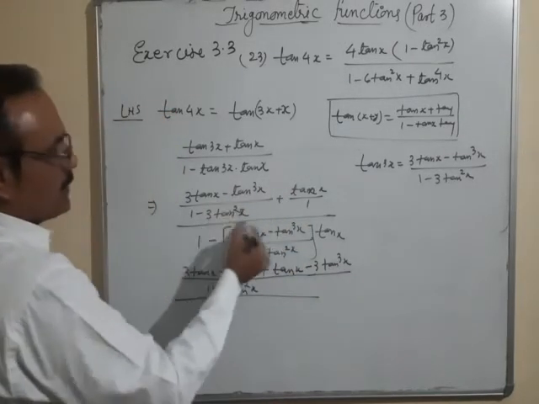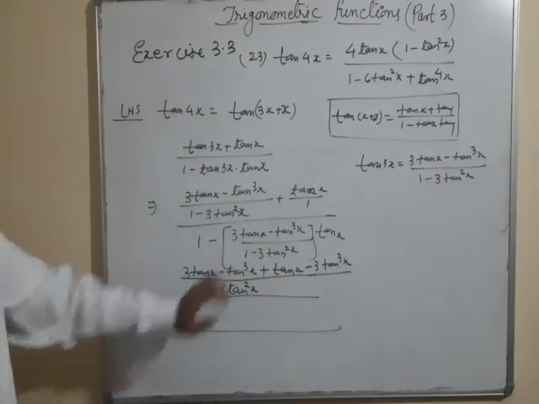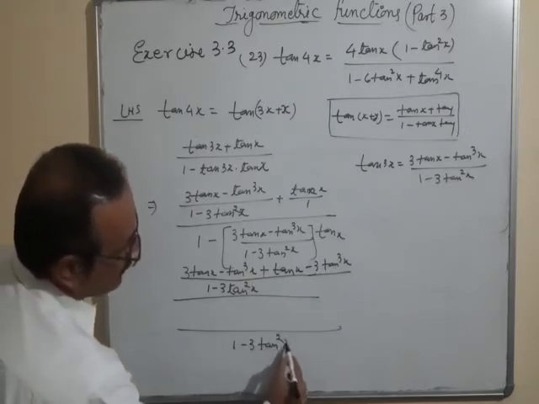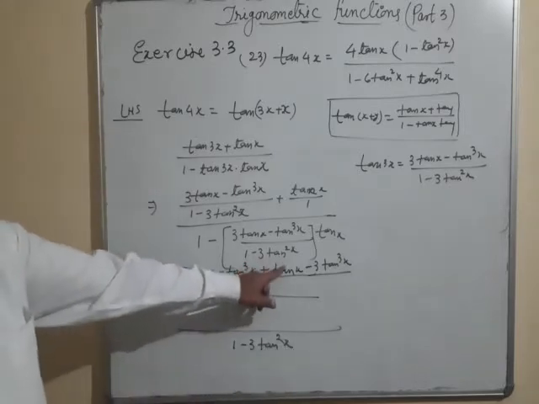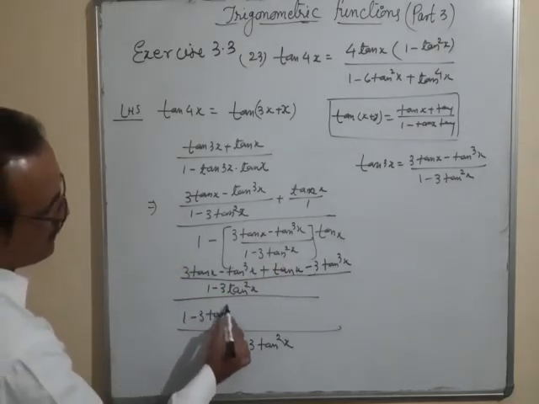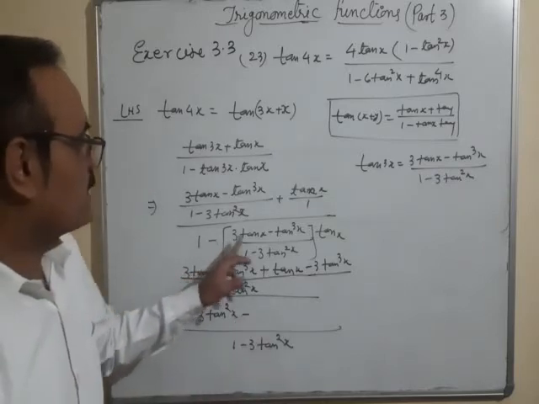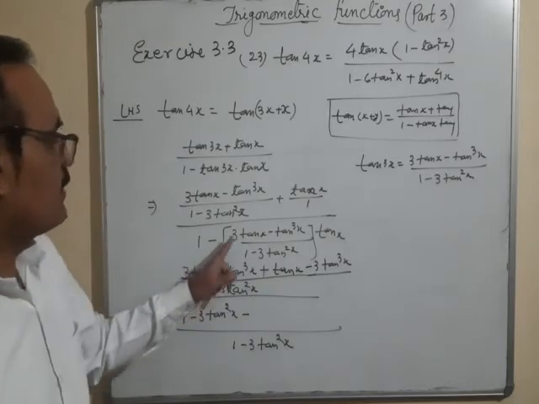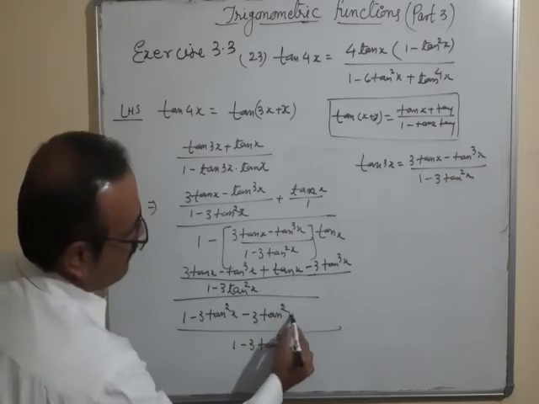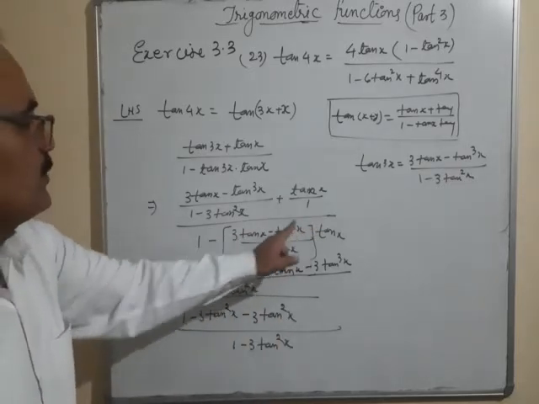The numerator term is solved. Now coming to the denominator term, its LCM is 1 minus 3 tan square x. Directly here it is 1 minus 3 tan square x minus 3 tan square x (tan x multiplied together), and minus into minus plus tan to the power 4 x.